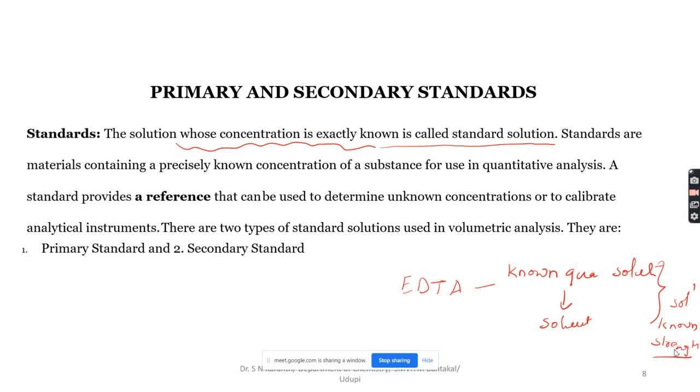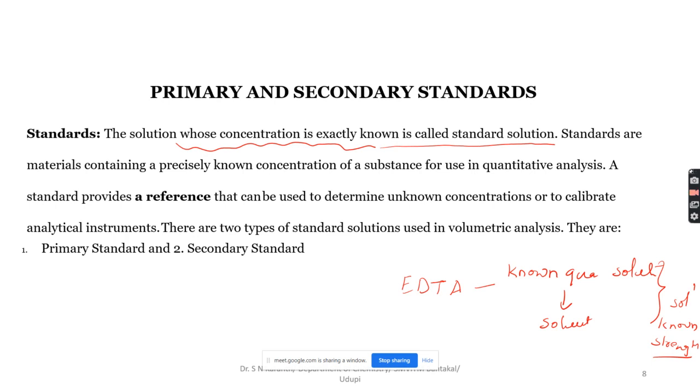That is what we call a standard solution.